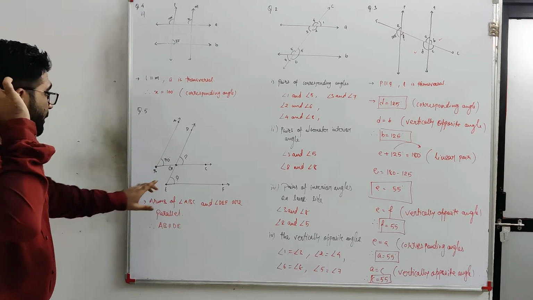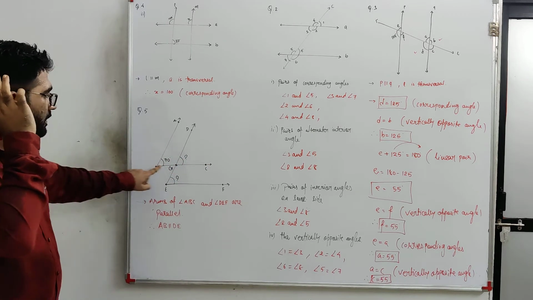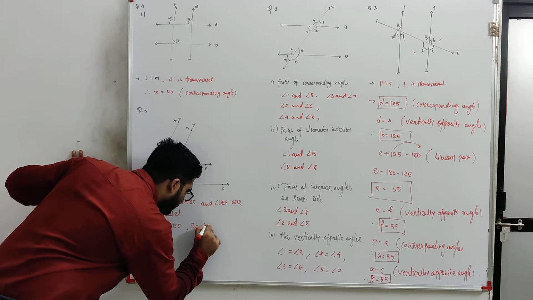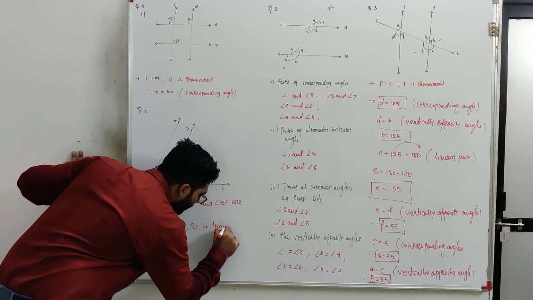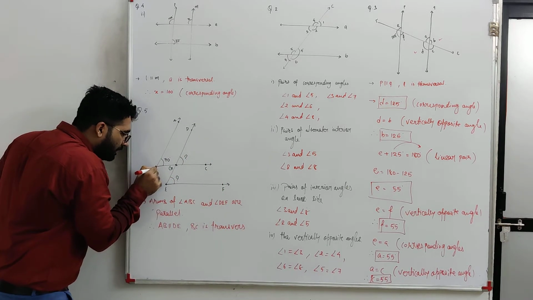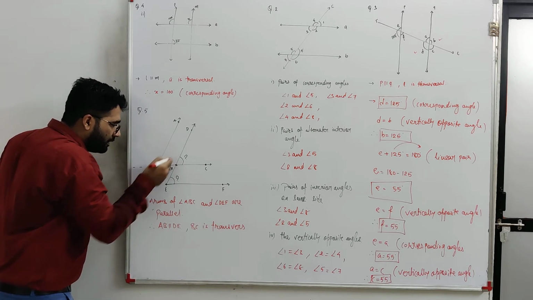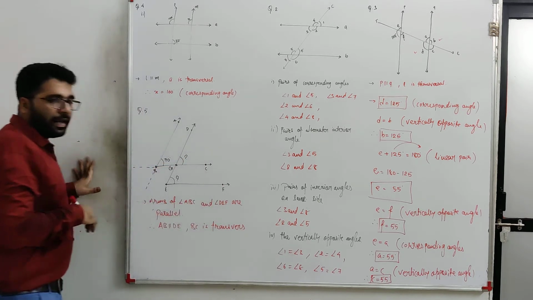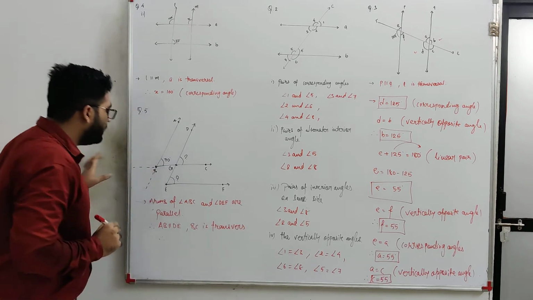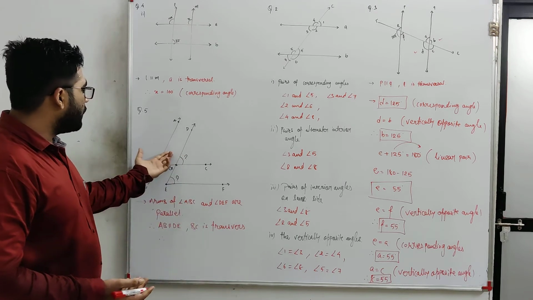So if AB is parallel to DE, then this is my transversal, and BC is a transversal. Why is BC a transversal? Let me see. If I extend this, then this becomes two parallel lines with the transversal. So the relation between this angle and this angle is that both are corresponding angles.